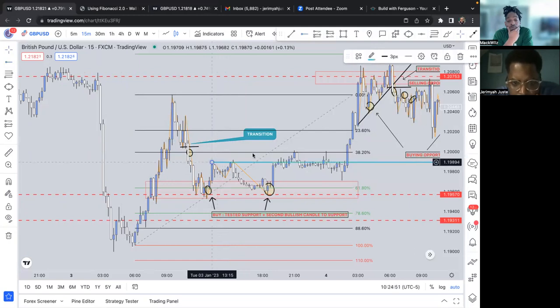So once you see that initiation is broken there, you could have gone to M5 to see the break.